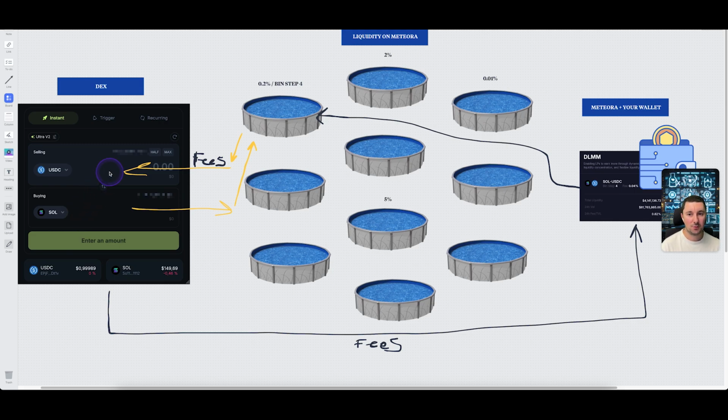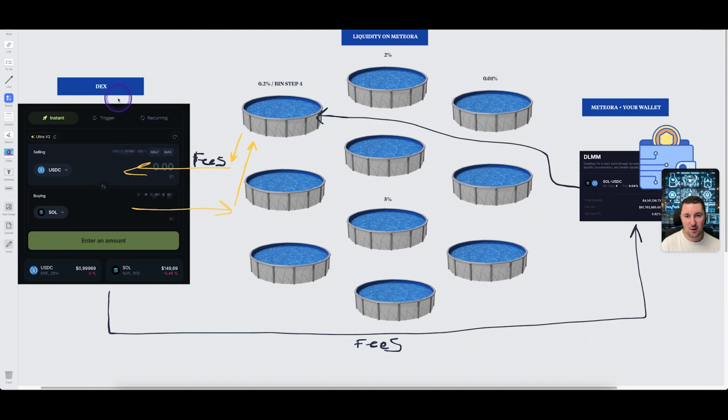So you go to a DEX, for example Jupiter, and because we are in the decentralized ecosystem, these DEXs need liquidity. On centralized exchanges, there are big market makers, the exchange itself and so on, that provide liquidity for you. In the DEXs, we can be this market maker.